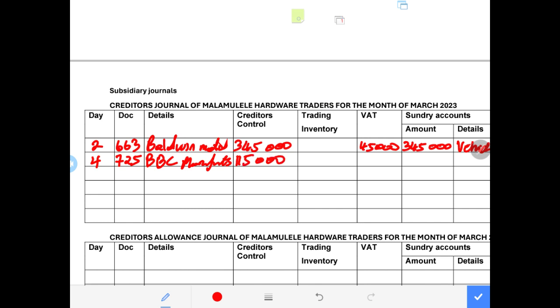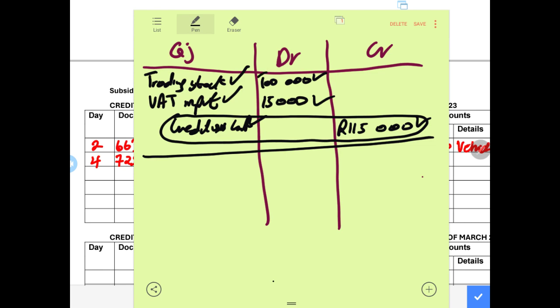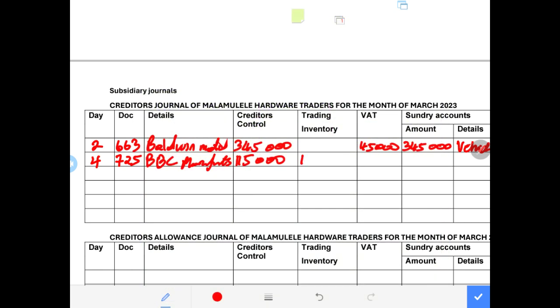How much is the cost of inventory, that is your debit side? 100,000 rand. That one must always exclude VAT because we are going to claim that 15,000. There is the column for VAT, 15,000. They are recorded in their respective columns.